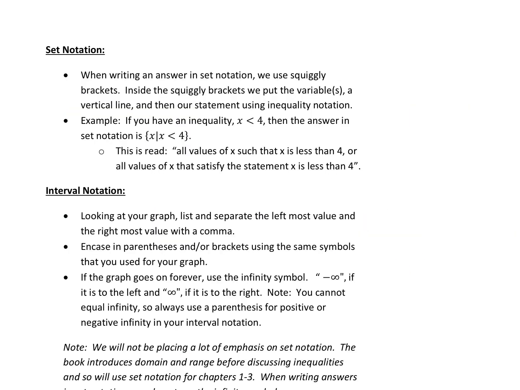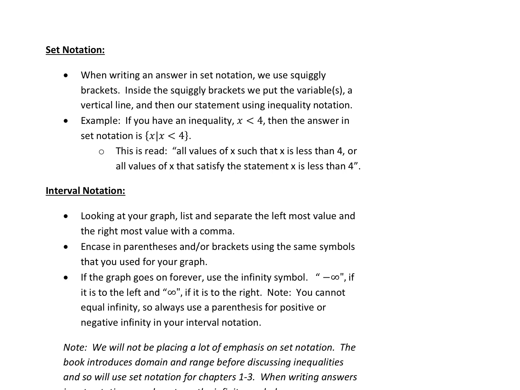All right, the next thing that we're going to look at is different ways to write the solution set for inequalities. The first thing that we have is set notation. When writing an answer in set notation, we use squiggly brackets.